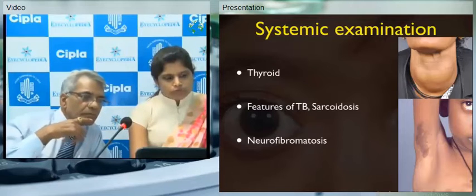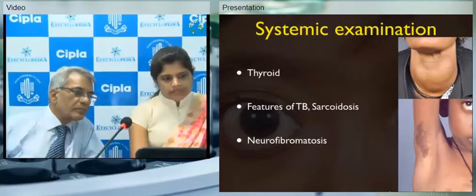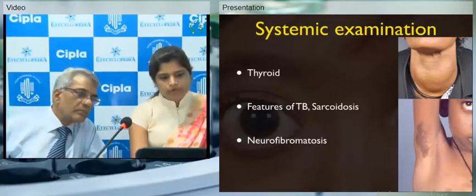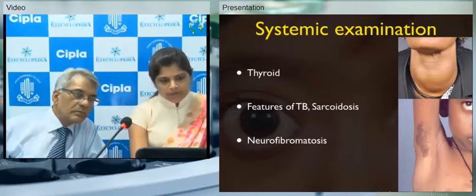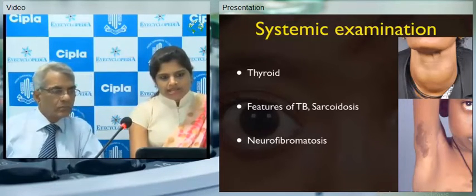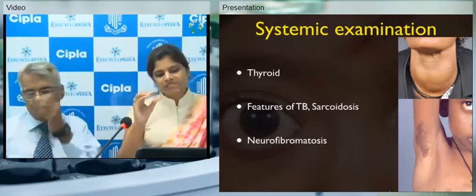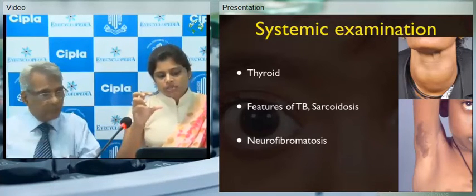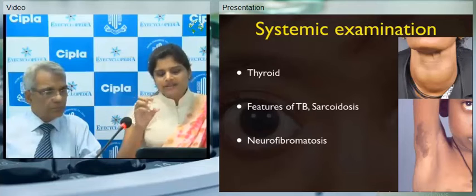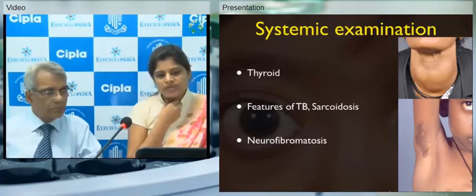Okay. So Dr. Santosh from Bangalore is asking, what is the meaning of dystopia and what is the difference between hyperglobus and hypertopia? So dystopia is when the corneal position is not in the correct position, then of course you call it dystopia.